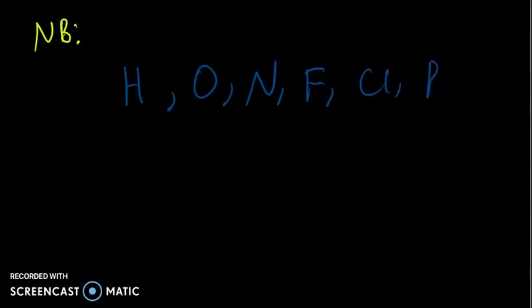You will have noticed that the formulas of some elements are not simply their symbols. For example, you cannot write hydrogen as H because it exists as a diatomic element, and oxygen as well, and nitrogen as well, and the group 17 elements, also called the halogens: fluorine, chlorine, bromine, and iodine.